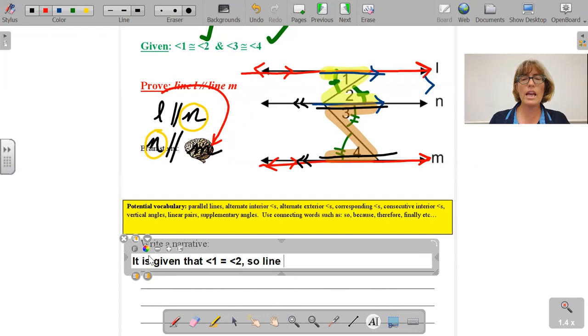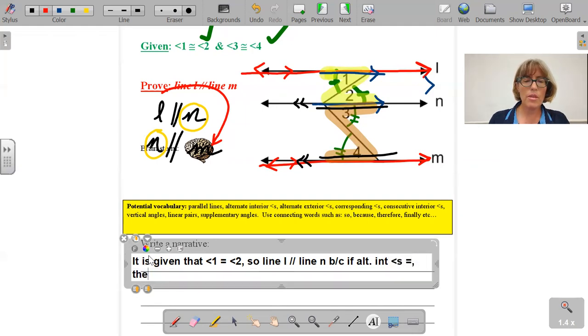So line L is parallel to line N, because if alternate interior angles are congruent, then lines are parallel.